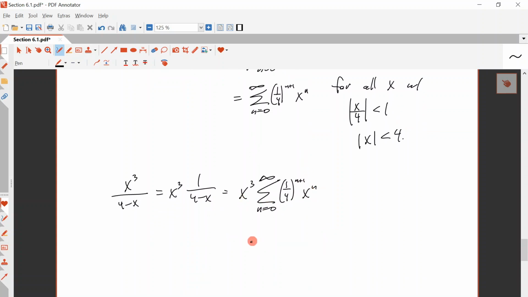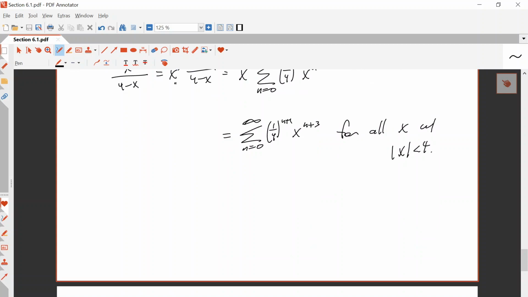Right, so multiply this into here, sum n equals 0 to infinity, 1/4 to the n plus 1, x to the n plus 3. And again, that's for all x with absolute value of x less than 4. Right, when you take a power series and you multiply it by just some polynomial, it doesn't change the radius of convergence at all. Doesn't change the center, doesn't change the radius of convergence. Okay?